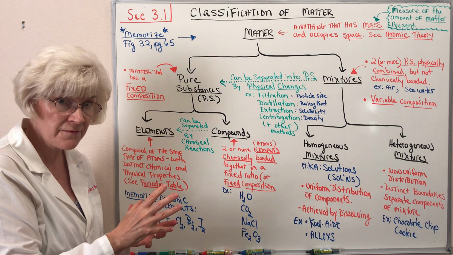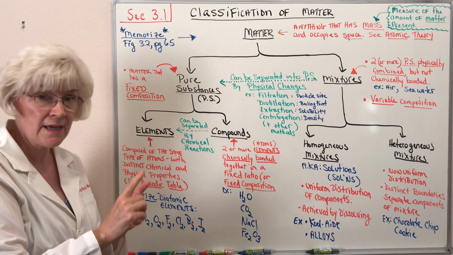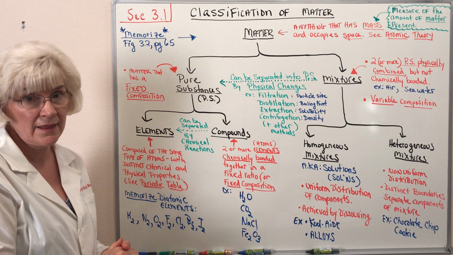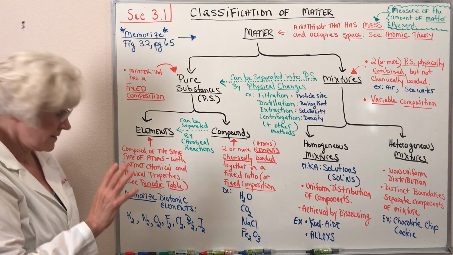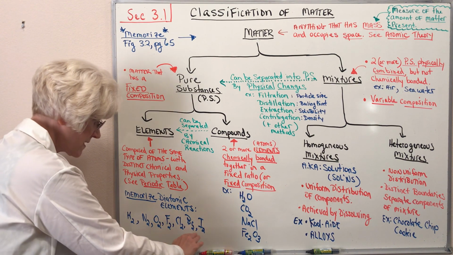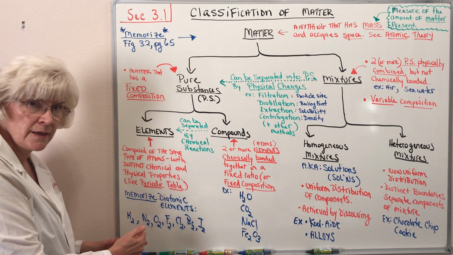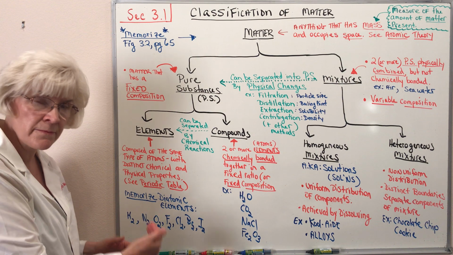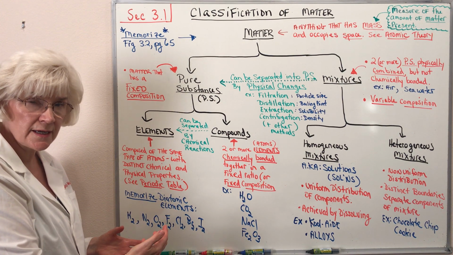They are always found in a packet of two atoms of the same type bonded together. And you are responsible for memorizing that list of diatomic elements. Now, I've presented them here, and I want to give you a shortcut, a mnemonic device, a memory device, to help you remember using the periodic table.